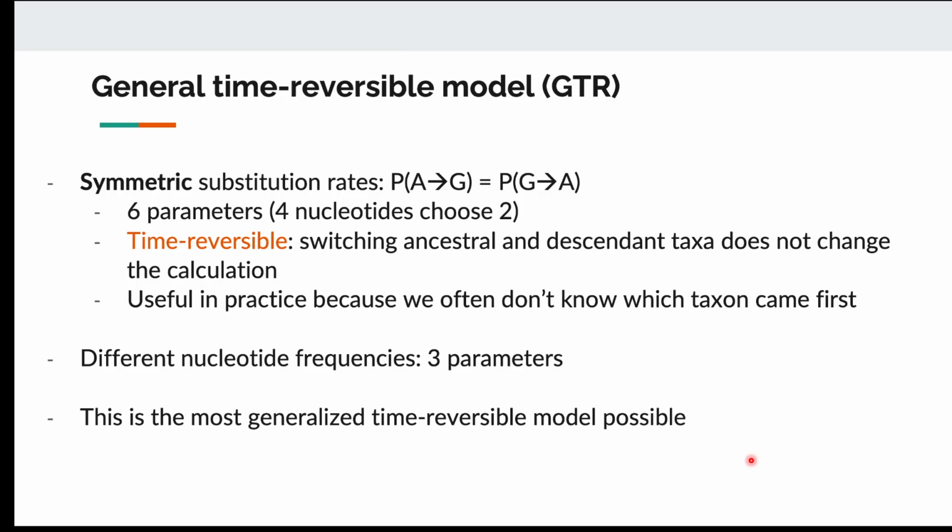And the model that you're going to see a lot in the literature, and you should know, is called the general time reversible model. The name sounds like a physics theory. The reason why they call this a GTR or general time reversible model is because when we reconstruct the evolutionary history, one assumption that we have to make is the flow of time.